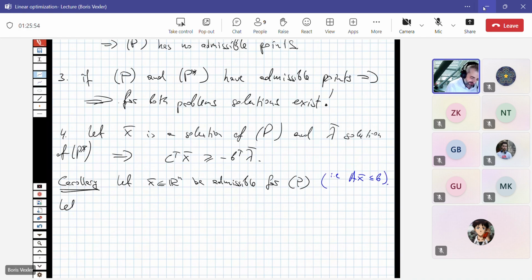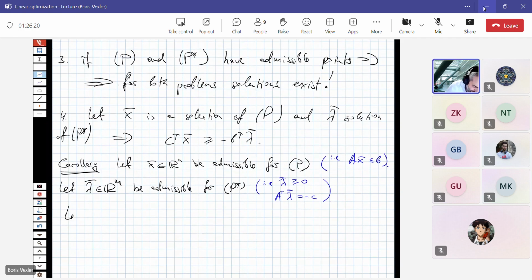Then let lambda bar in R^m be admissible for P star. What does it mean? It means that lambda bar is non-negative and A transpose lambda bar is equal to minus C. Good.